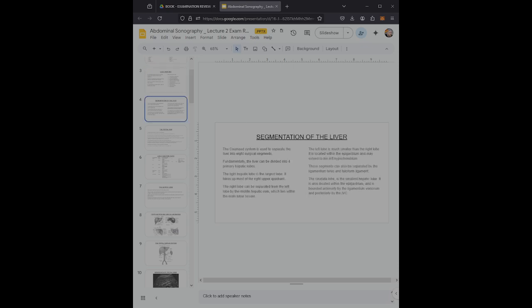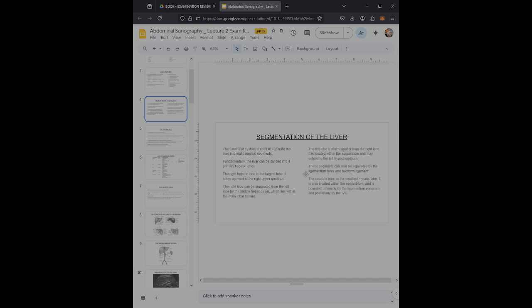So next we move on to the segmentation of the liver. We use the Couinaud system, and we use it to separate the liver into 8 surgical segments. This is important in case the liver is going to be operated on.